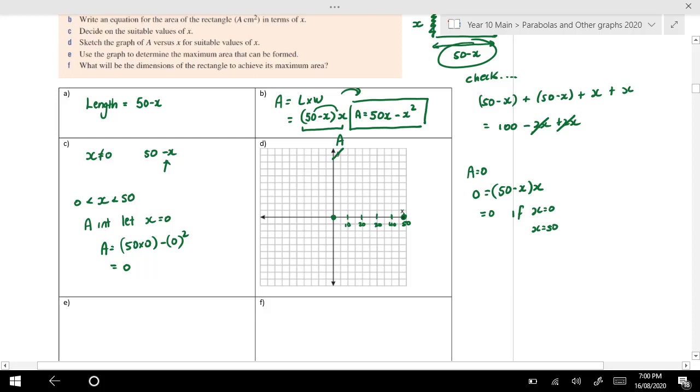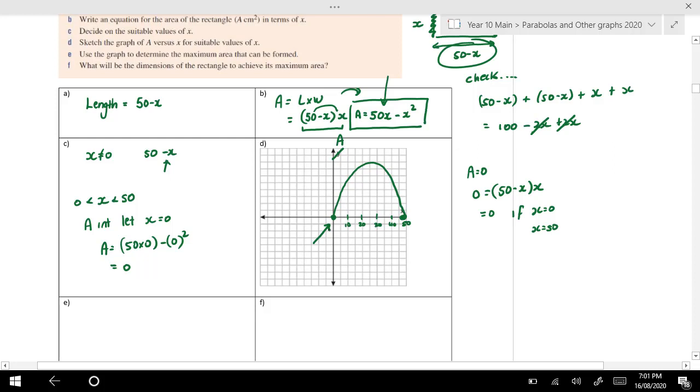And you notice that this is a negative parabola. So it's going to go up, and it's going to turn somewhere, and it's going to get down there. Now, basically, what this means is if x was 0, then I'd have an area of 0.